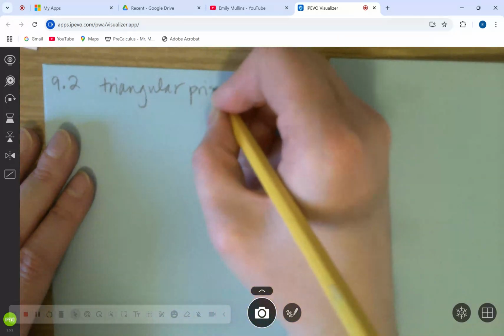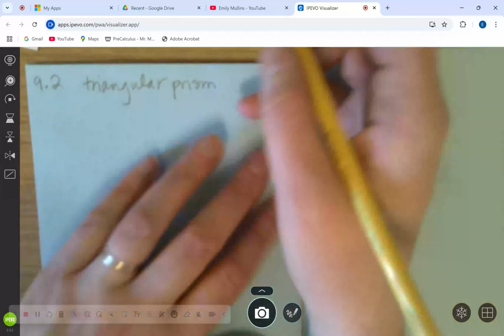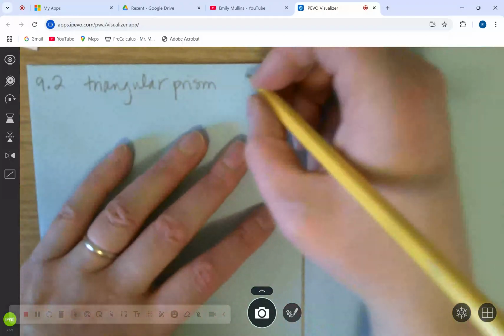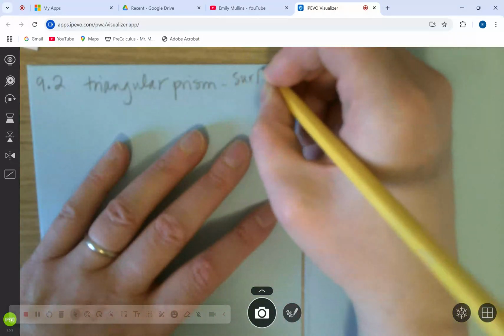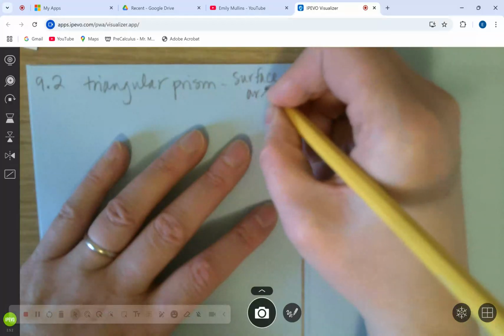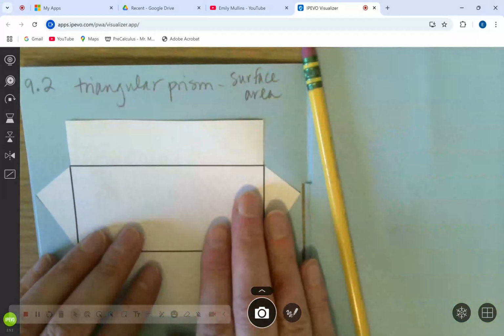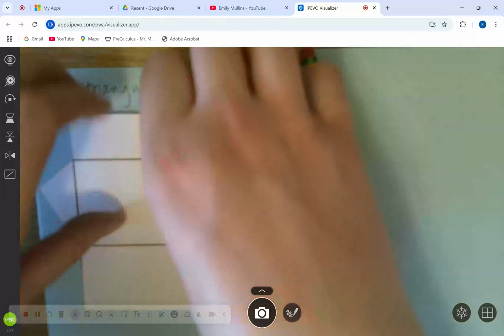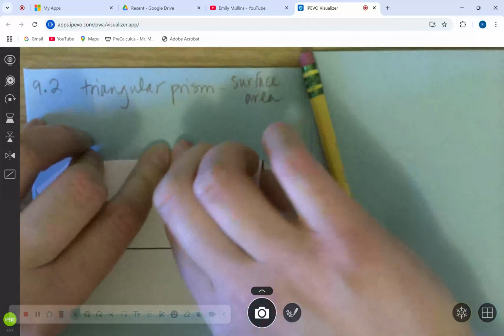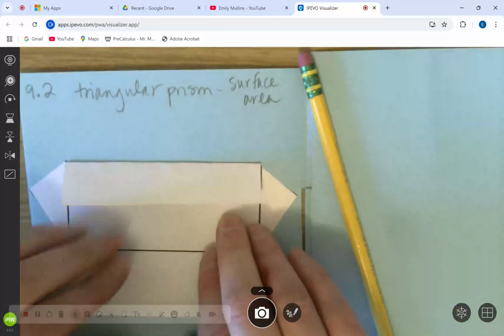And again, we're going to start out with surface area. Same thing with my triangular prism. I want to glue this down so that I can fold everything up.